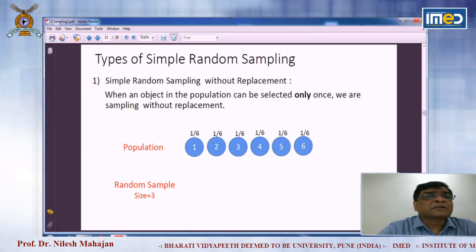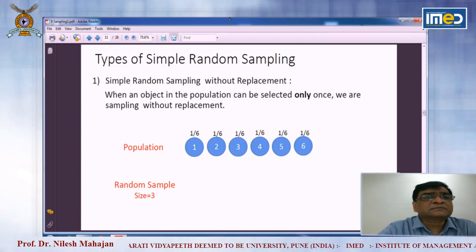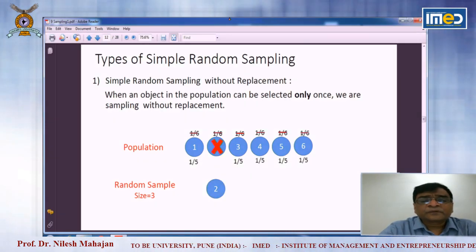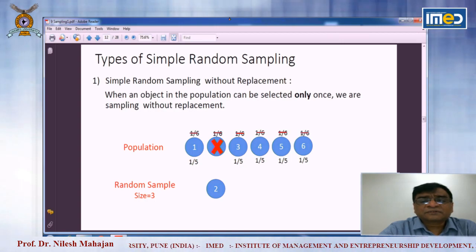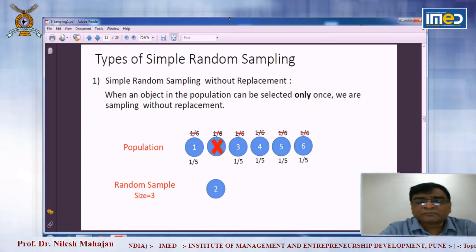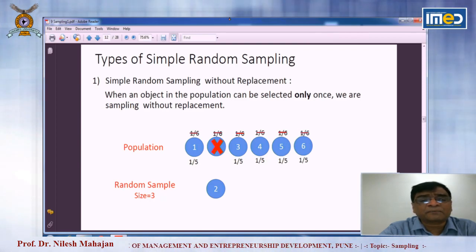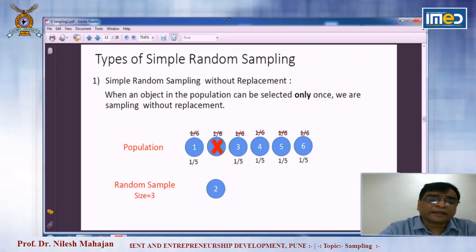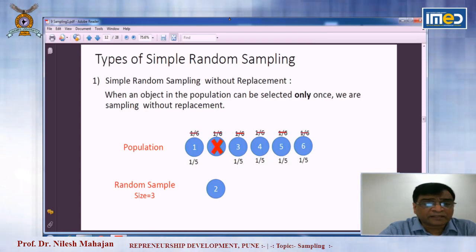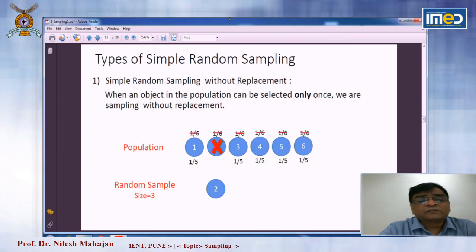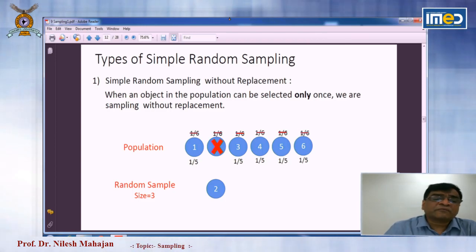The sample size is equal to 3. Now it means 1 by 5, 1 by 5, 1 by 5 is possible because I am considering here 2, the 2 is not there, only 5 are possible. In the formula m upon n, n is now 5 because 2 is not involved, so 1, 3, 4, 5 have 1 by 5 each.